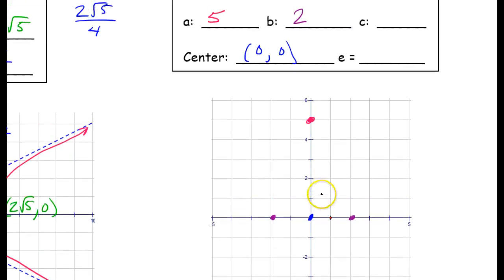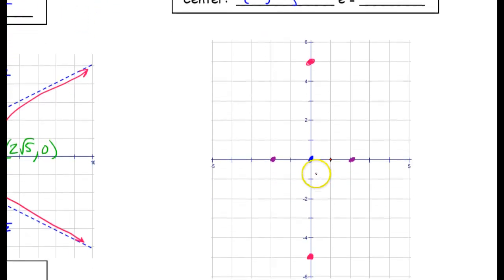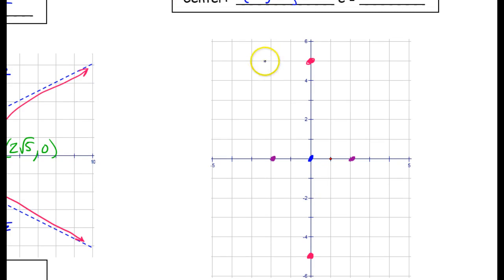All right, now we need to form the asymptotes. The way we do that is by drawing a rectangle, the rectangle that contains the vertices and co-vertices. So make a dotted line and draw the rectangle that contains the vertices and the co-vertices.